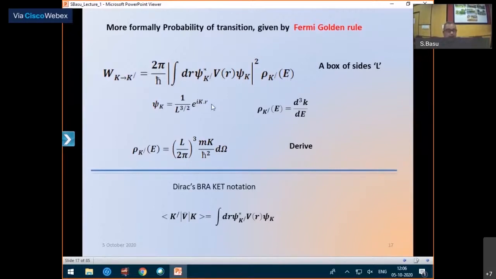And as I told you earlier, this incident wave function is a plane wave function. We create it that way. We make a neutron beam, a parallel neutron beam, so I can represent it by an incident wave vector. Rho k prime E is given as, I'll go very slow here, and understand this thing.